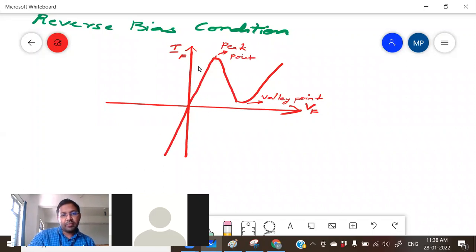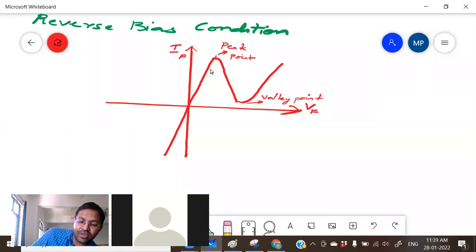So before Vp, that is before the peak point, the resistance is positive because slope is positive. Actually, slope indicates conductance. di by dv, current by voltage, is conductance.